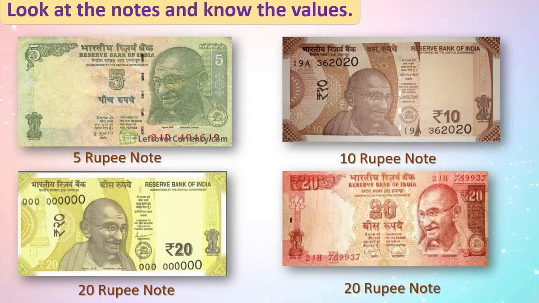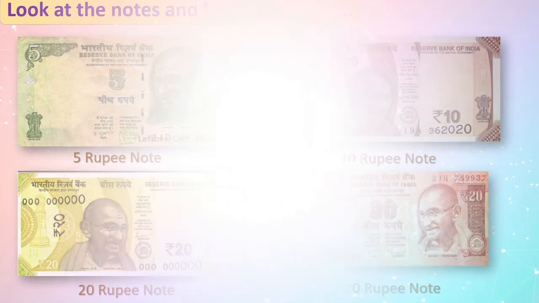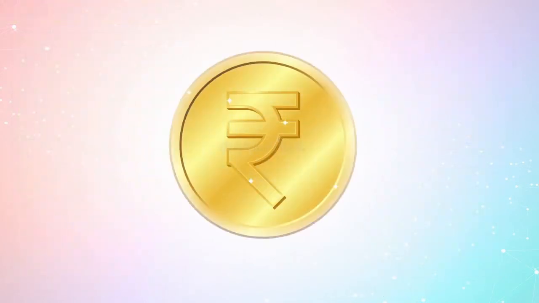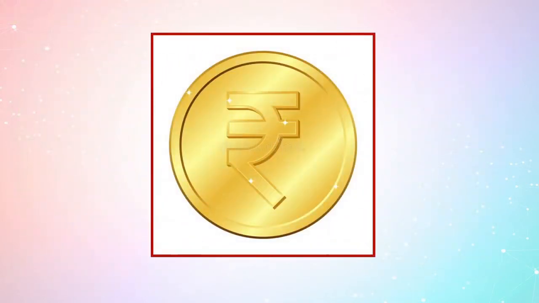Now, we have gone through the different coins and their values and different notes and their values, right? Now here, see dear children, this is the symbol for rupee. We write rupees like this, R-U-P-E-E-S, rupees. Okay, 2 rupees, 5 rupees. We use this spelling.